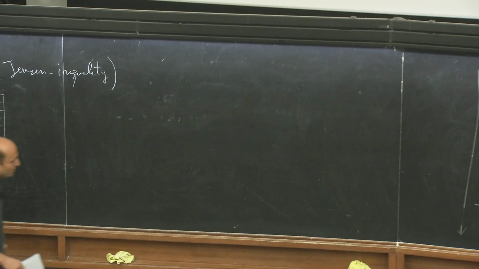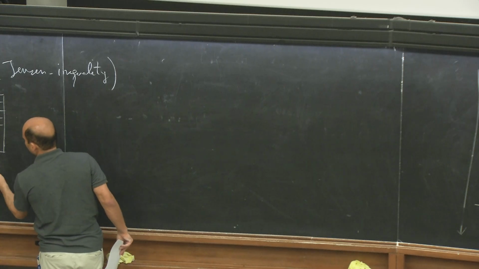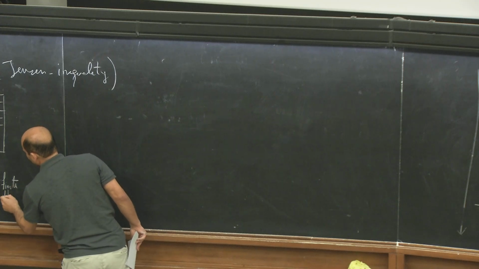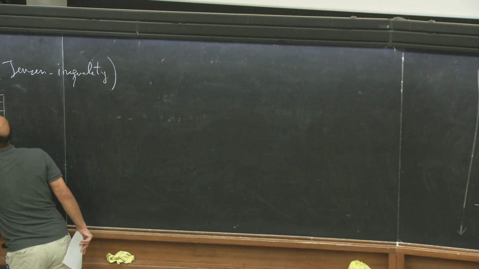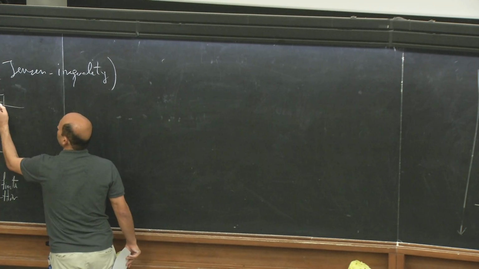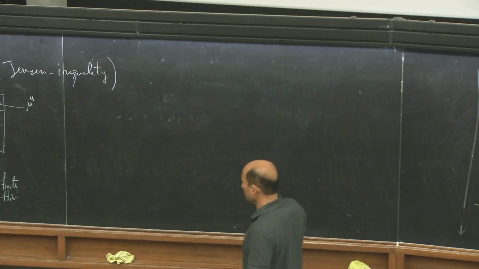Suppose that P is a finite partition. I have a measure in the rectangle, which I call mu Cu. And I have measures on the leaves of the foliation, which I call mu U, which are the disintegration of this measure.